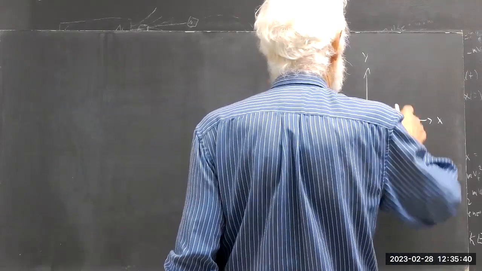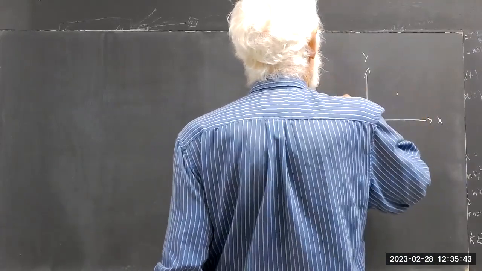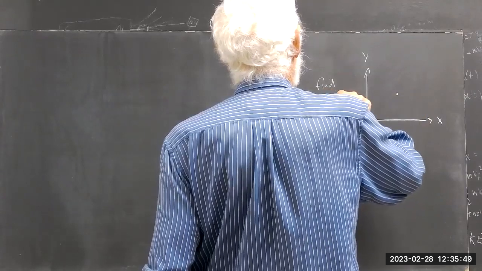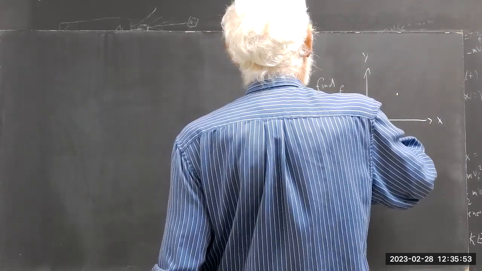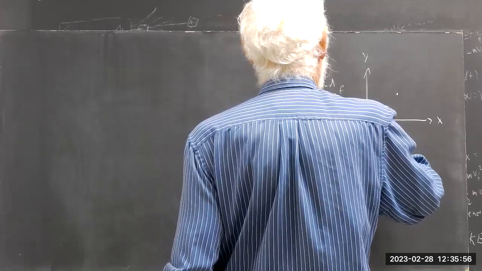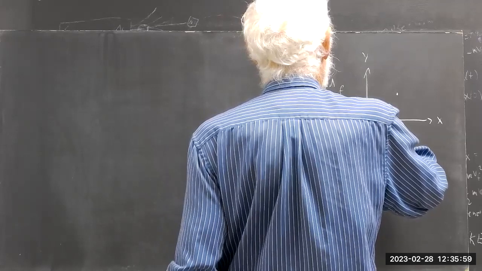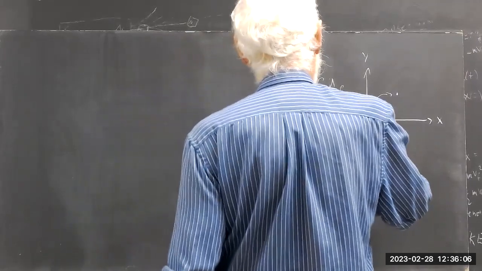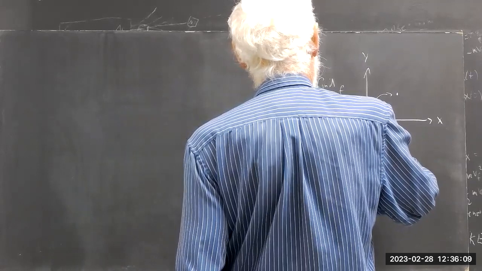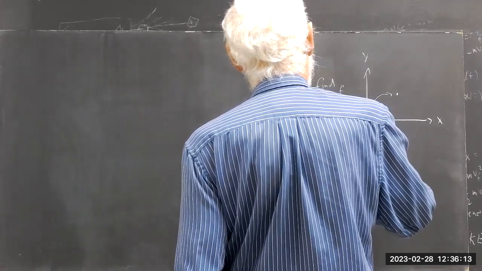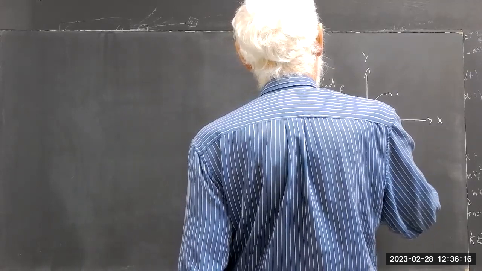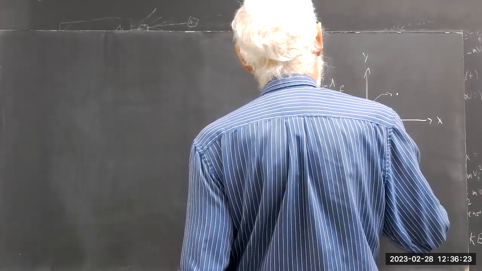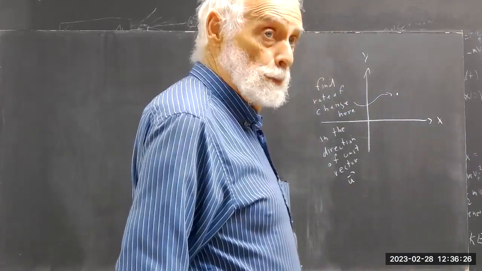We want to find the derivative, find the rate of change here, in the direction of a unit vector u.